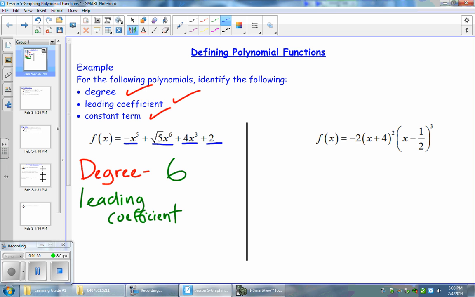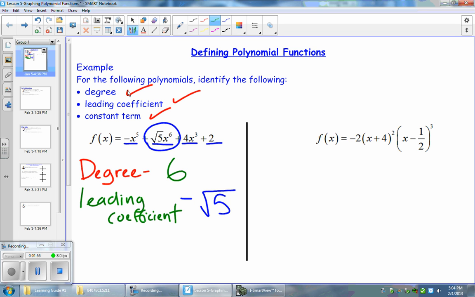And lastly, this has a coefficient of just 2. The leading coefficient is the coefficient of the highest power of x. We already identified the highest power of x belonged to the second term, and the coefficient of the second term was root 5. So the leading coefficient is simply root 5.